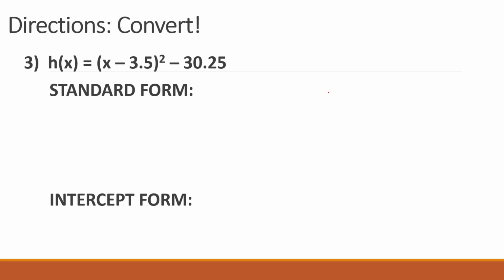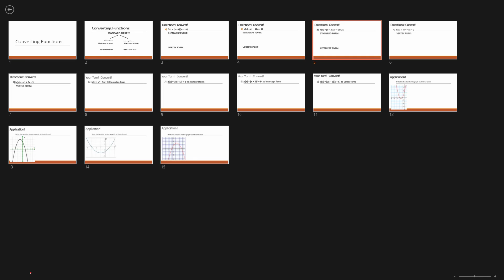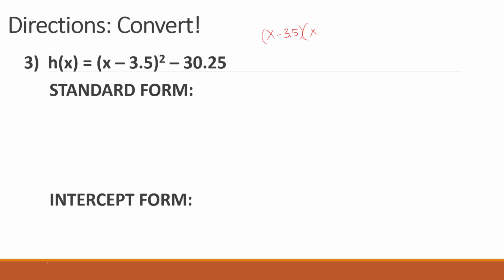All right. This time I'm starting with the vertex form. So the very first thing I'm going to have to do to try to get to standard form is FOIL. X minus 3.5 times X minus 3.5.